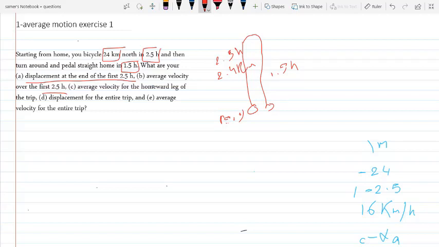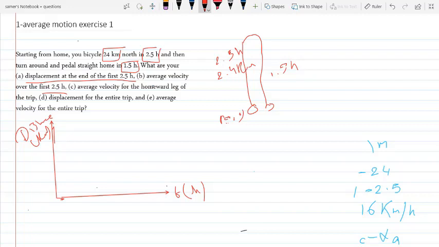If we plot the displacement as a function of time, we can simply use the definition of the average velocity and average speed to find them from the plot. So we plot the displacement versus time. Here we have distance in kilometers, and here we have time in hours.